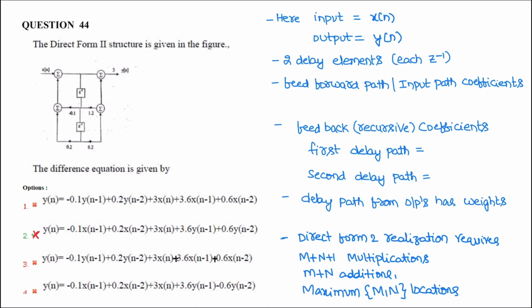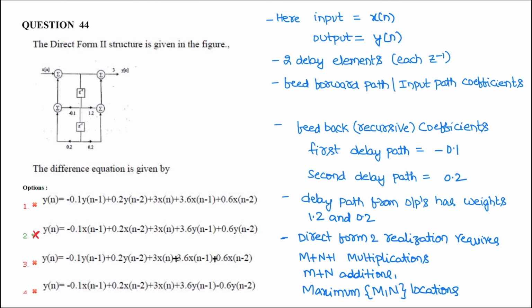Input coefficients of x of n are multiplied by 3, and the feedback or recursive coefficients: first delay path is minus 0.1 and second delay path is plus 0.2. And the direct form delay path from the input has weights of 1.2 and 0.2. This is the given question.